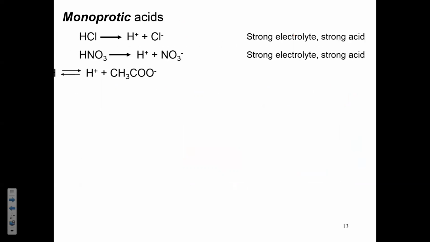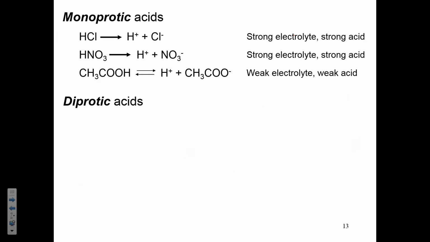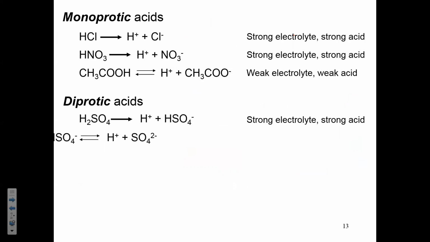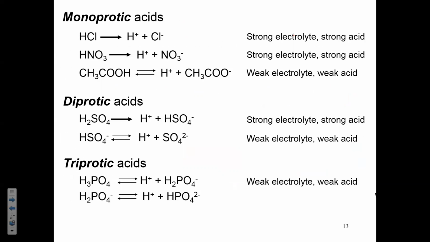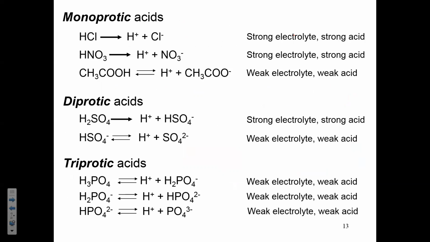Now, we can also have a couple of other vocab words that I'm going to throw at you. I'll pop all of this up first and then talk about it. The first one we're going to talk about is monoprotic acid. Anytime you think mono, I want you to think one.